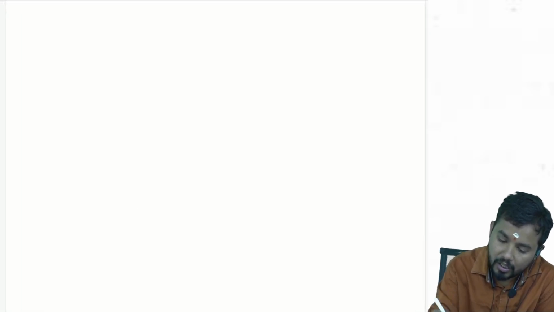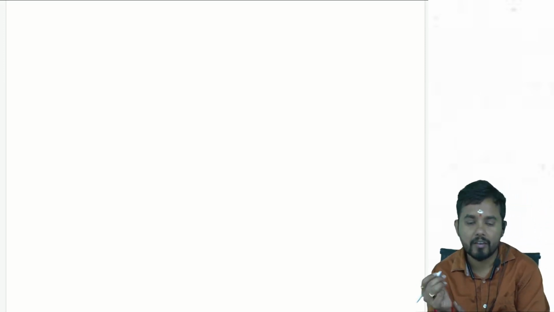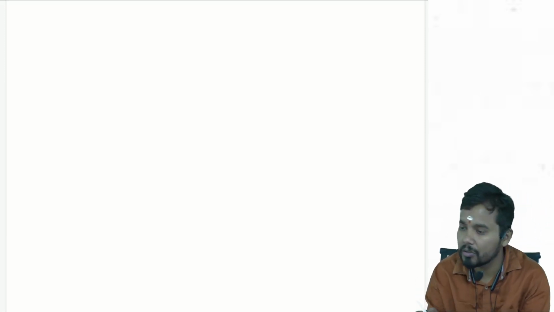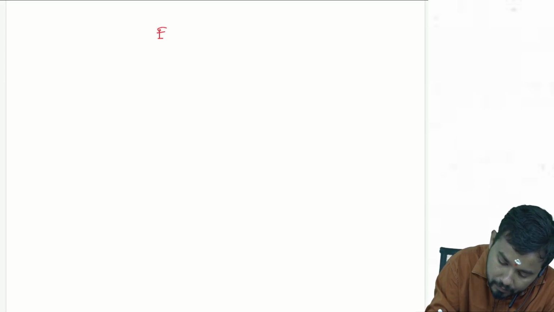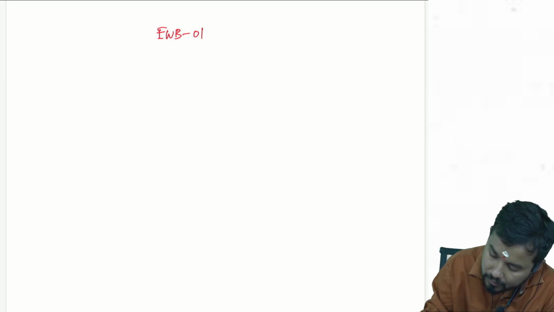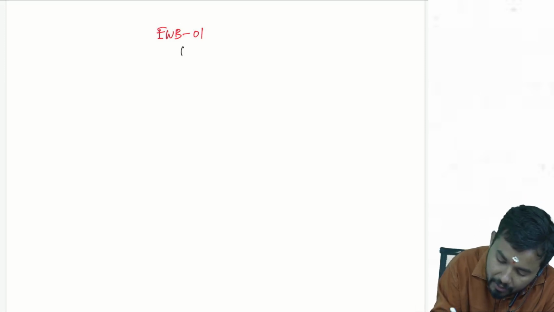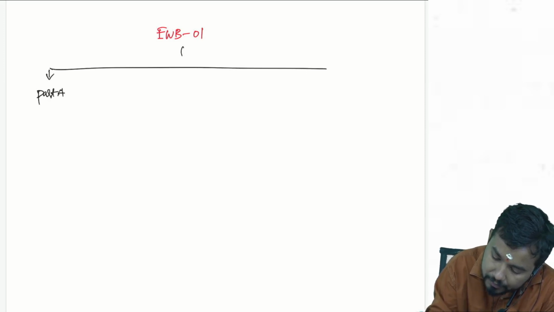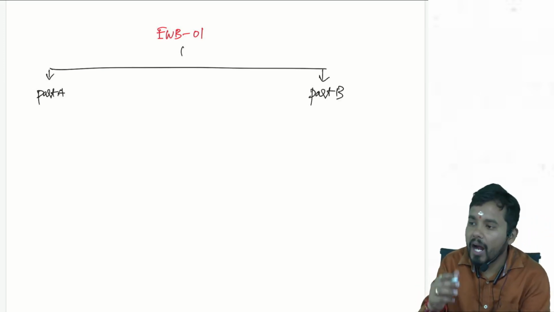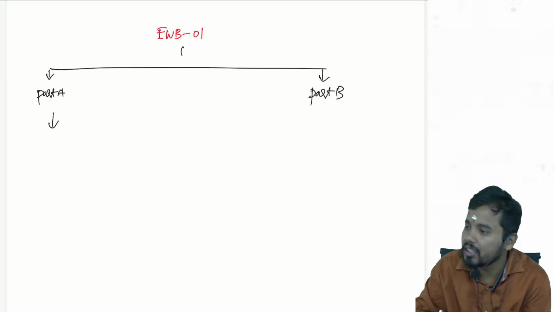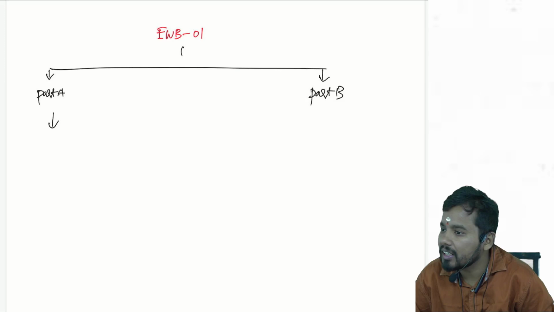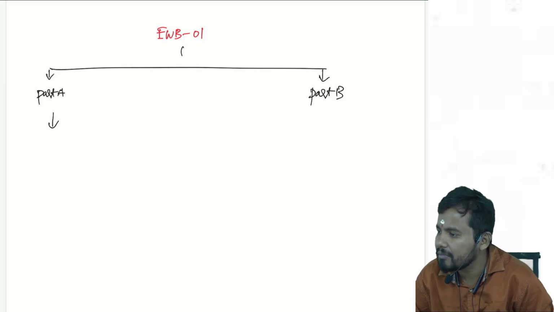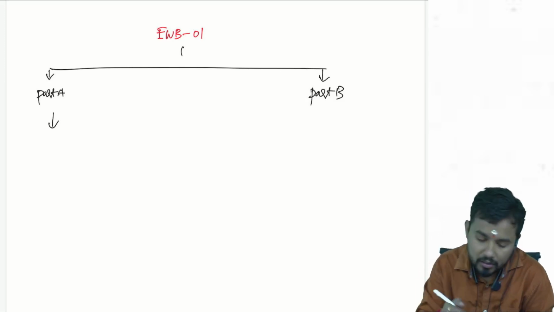Look here. What is the form that I have said for the E-way bill? EWB01. This EWB01 consists of two things, part A and part B. In part A, what details will be there? Simply speaking, whatever details will be there on the invoice, the same details will be there in part A. In the invoice you will have what?